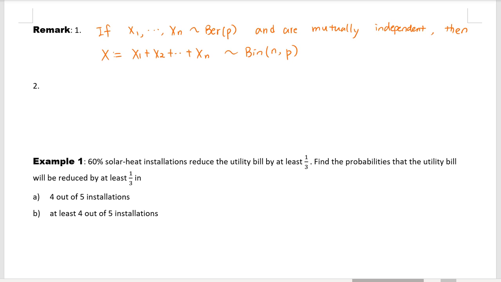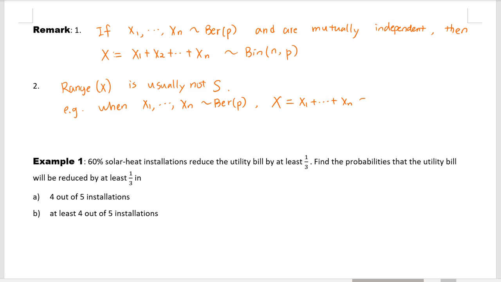In the second remark, the range of X is usually not S. For example, when we have X1, ..., Xn be Bernoulli random variables, and let X be the sum, then X is the binomial random variable.